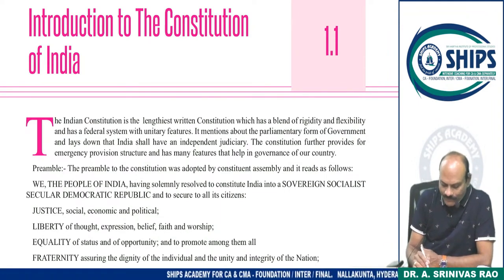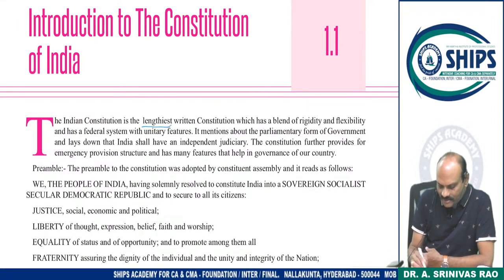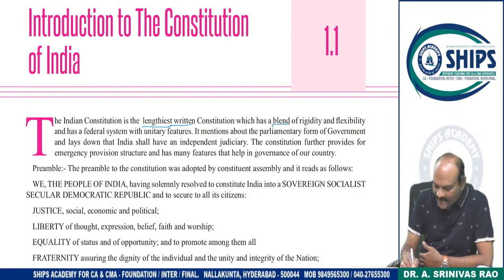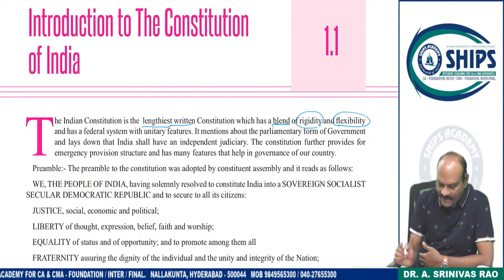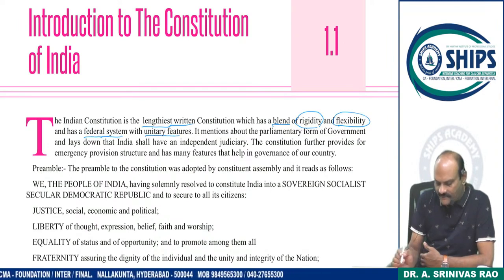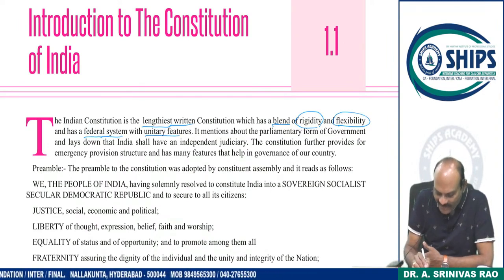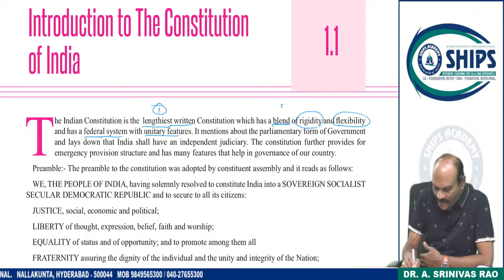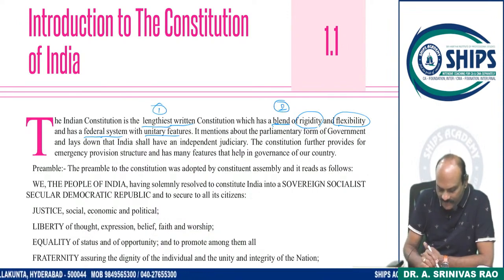The Indian Constitution is the lengthiest written constitution, which has a blend of rigidity, flexibility and a federal system with unitary features. Lengthiest, remember as one word; blend, the second word; federal system, the third word.